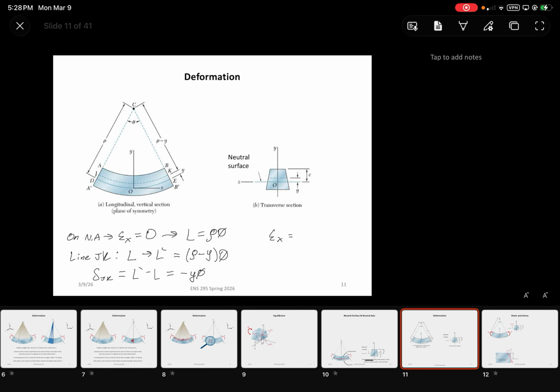So it's equal to delta JK over L, which is negative y theta over rho theta. The thetas cancel out, which means the strain is just equal to negative y over rho. And that is equation number 1.